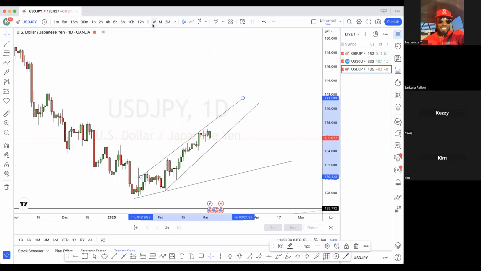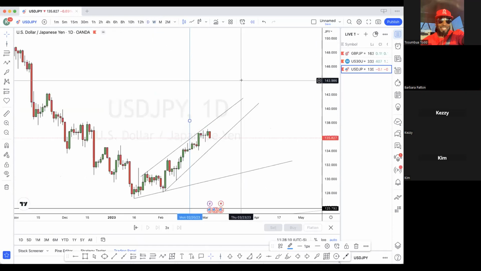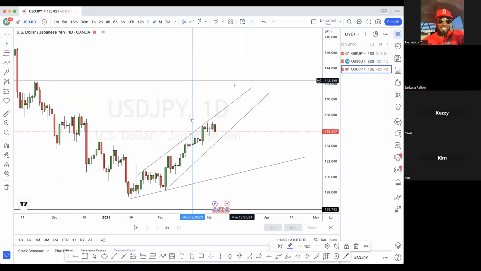Wait a minute, let me go back to the weekly. And this was the candle right here. Okay. So based off of how we know how to trade, right?